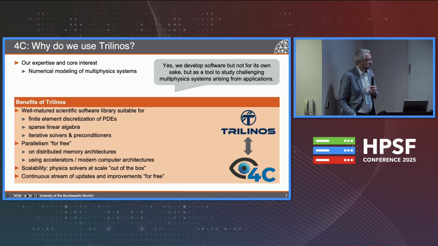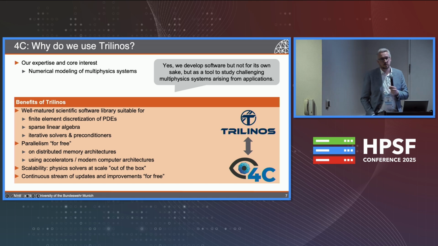We found that we get a certain amount of scalability out of the box, so we can just focus on the physics, and we still can run on a decent number of cores. I'll show results later. And of course, we get a stream of updates and improvements just by keeping up with the changes that happen in Trilinos anyway.